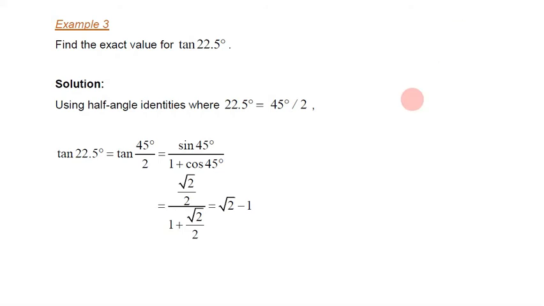We substitute in the formula and we get the answer for tangent 22.5 degrees equal to square root of 2 minus 1.